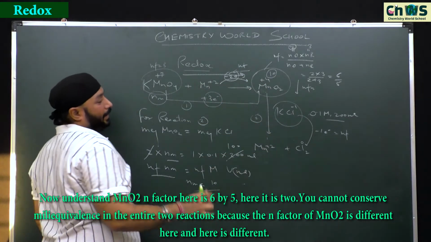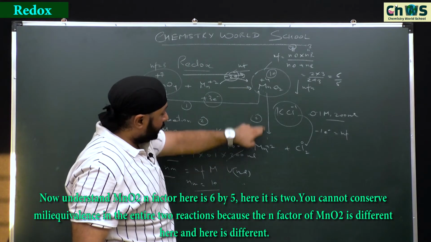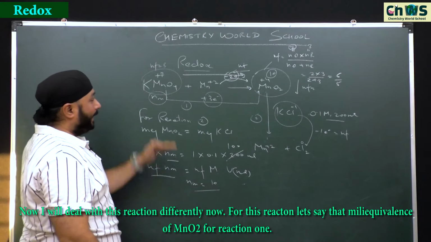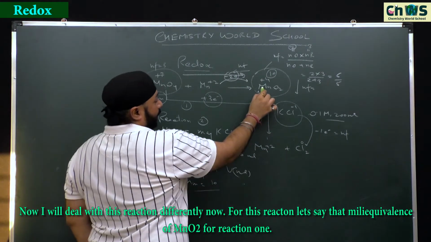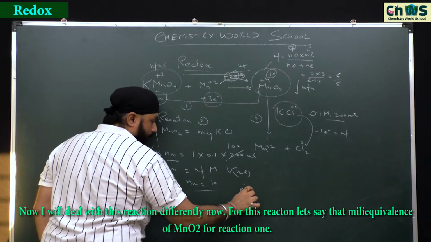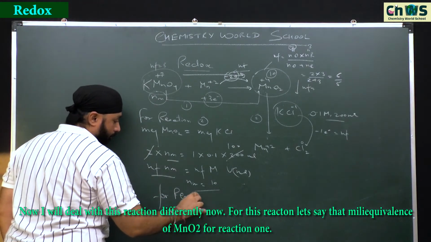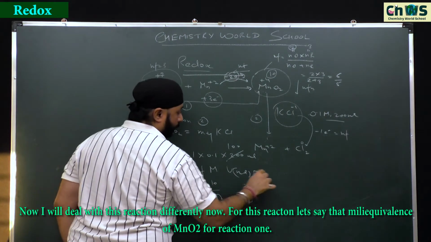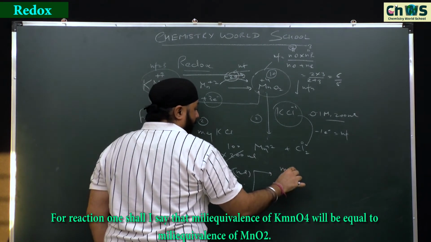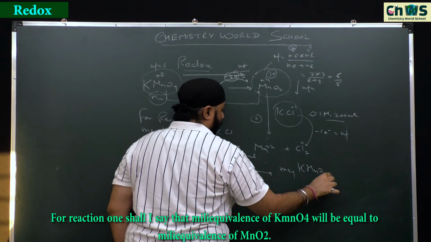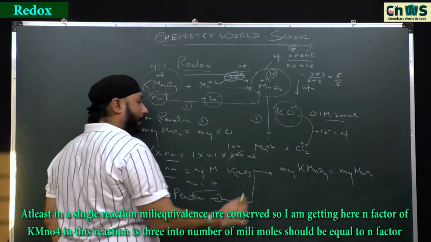Here it is 2. You cannot conserve milliequivalents across the two reactions, because the n factor of MnO2 here is different from here. Now I'll deal with this reaction differently. For reaction 1, milliequivalents of KMnO4 will be equal to milliequivalents of MnO2, since at least in a single reaction milliequivalents are conserved.